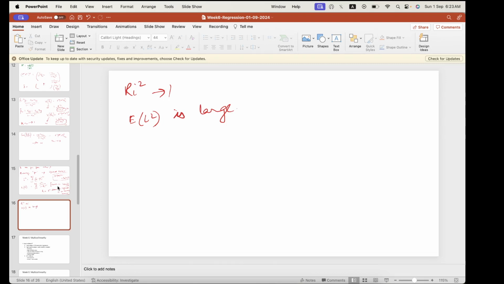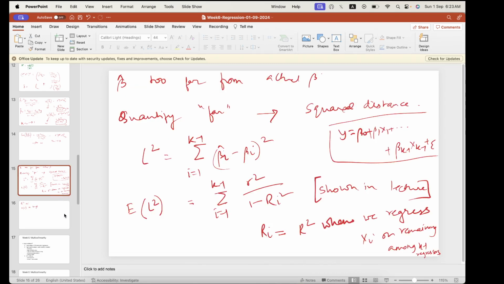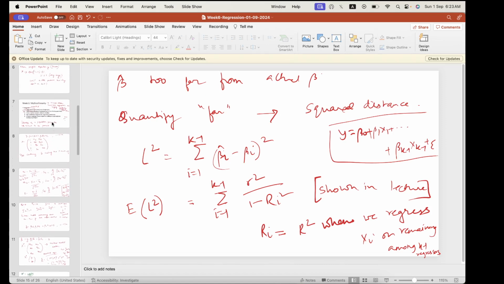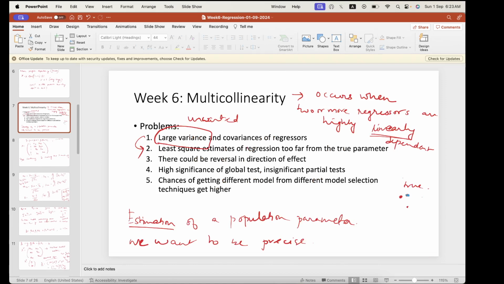So if the expected value of L square is large, it means that these estimates are too far from our actual values. Another thing that could go wrong, which we've already discussed, is that we are expecting some positive sign, but the betas become negative. This reversal in the direction of effect could also happen.